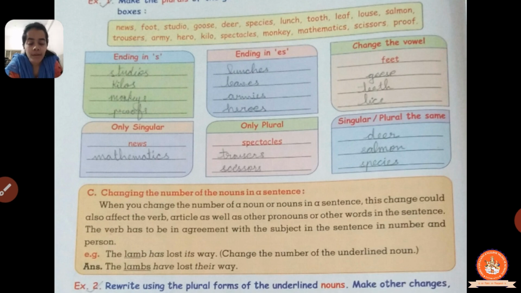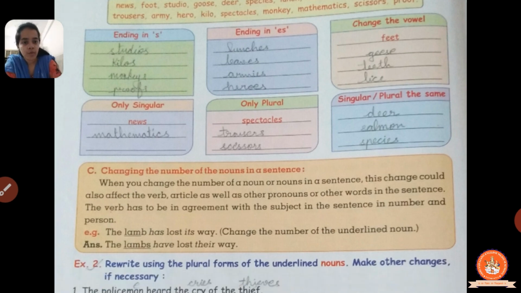So it has become from singular to plural. But we also have to change the rest of the sentence. Instead of that, we will write: the lambs have lost their way. So whenever you are changing the noun from singular to plural, it will also affect the sentence, so you also have to change the sentence.